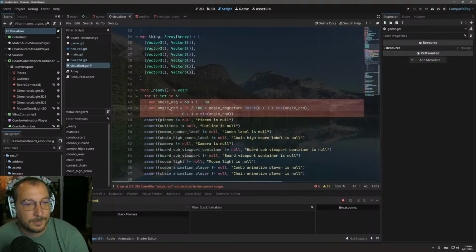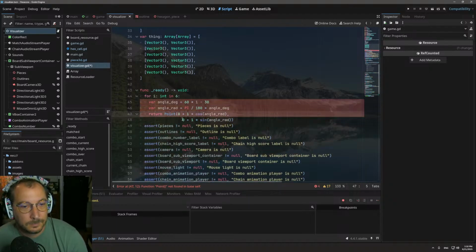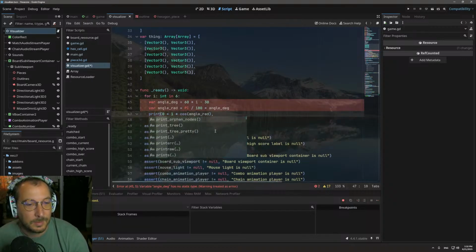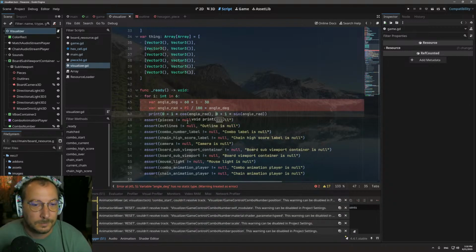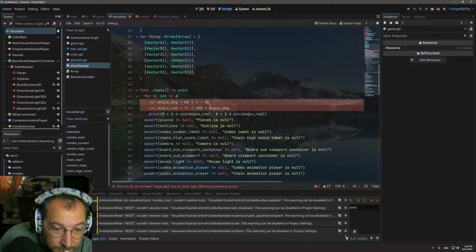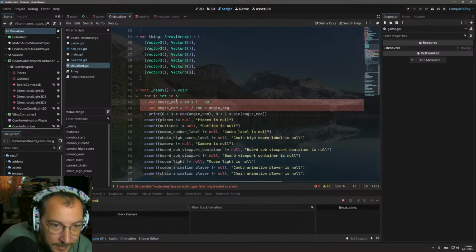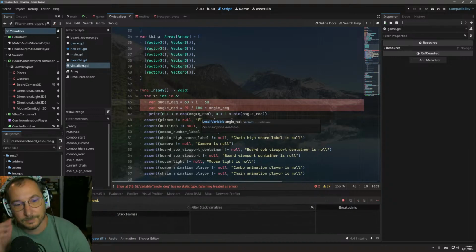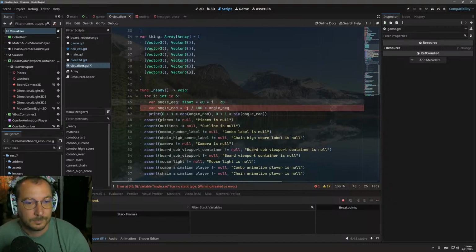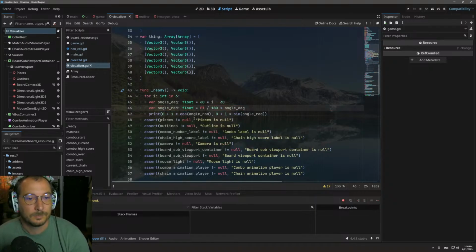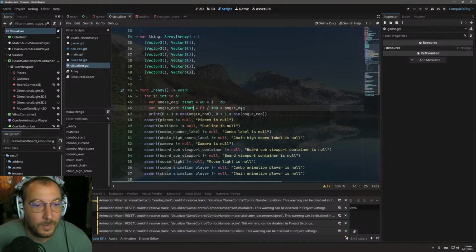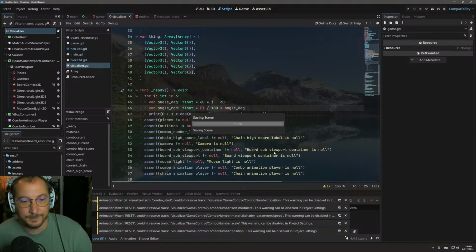We don't need to return anything. We'll just print. Angle to degree has no static type. Okay, let's see what we get.